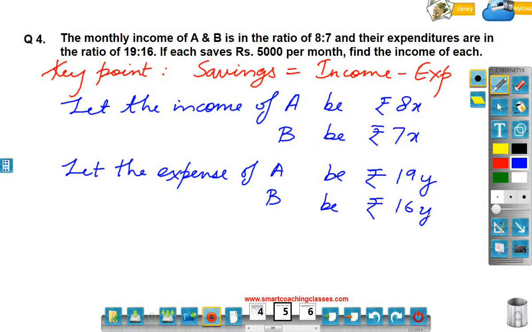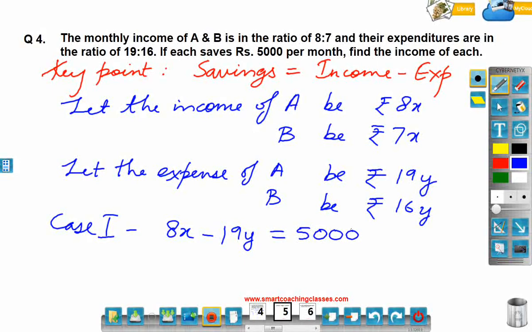Now, using our key point, we will be able to form the equations. So we will say, case 1: savings is equal to income minus expense. Let's talk about A. For A, it will be 8x minus 19y, and this should be equal to 5,000.